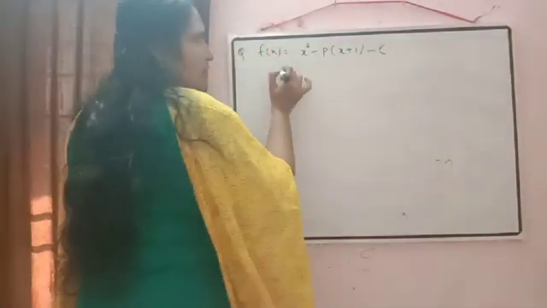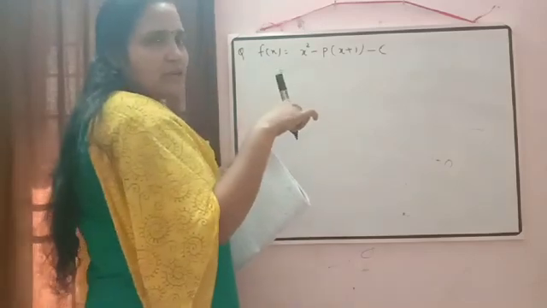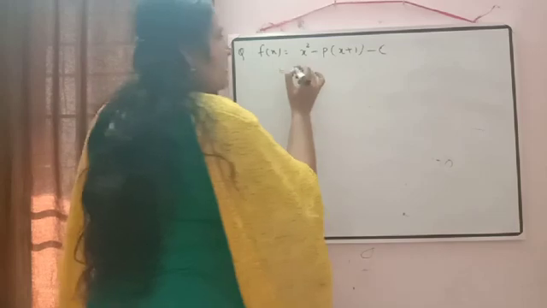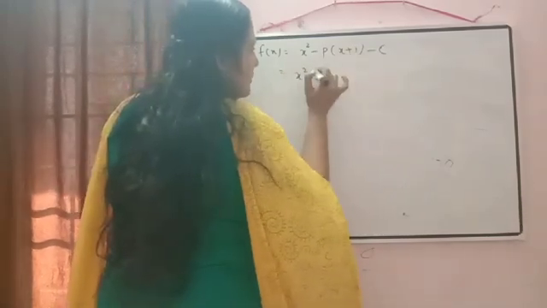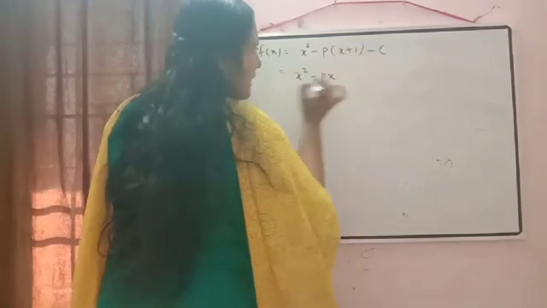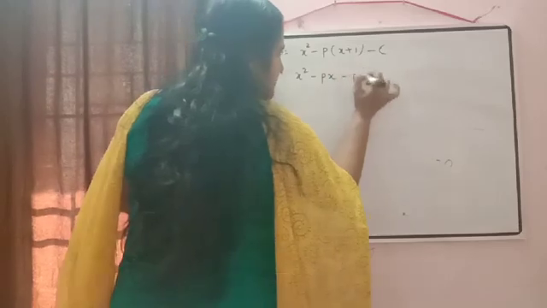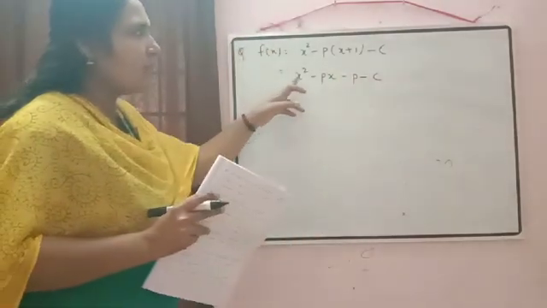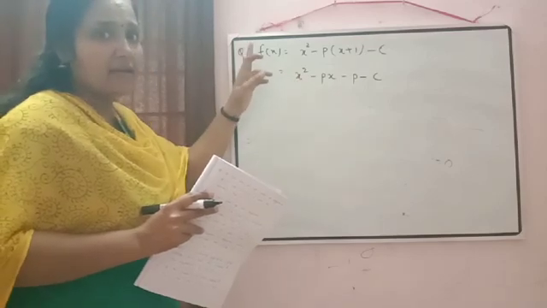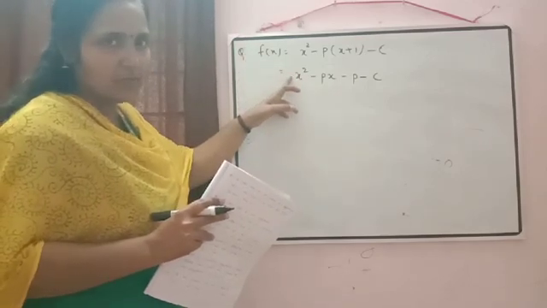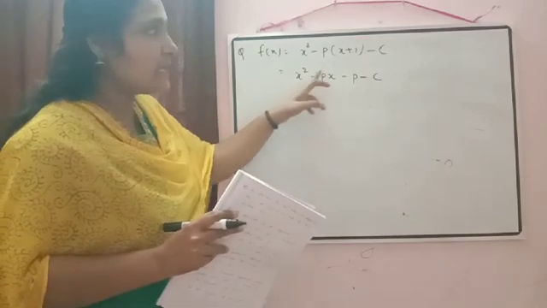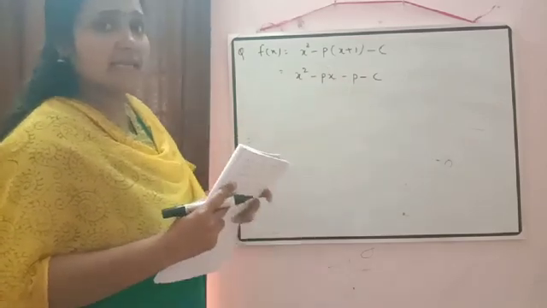First the coefficient of x square, then the coefficient of x, then rest all the terms in which x is not there. So x square minus px minus p minus c. Now if you check here, what is the value of a? If we compare with the standard equation, a is equal to 1, b is equal to minus p, and c is equal to minus p minus c.